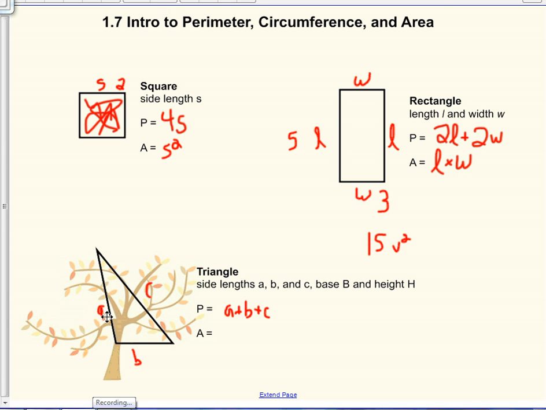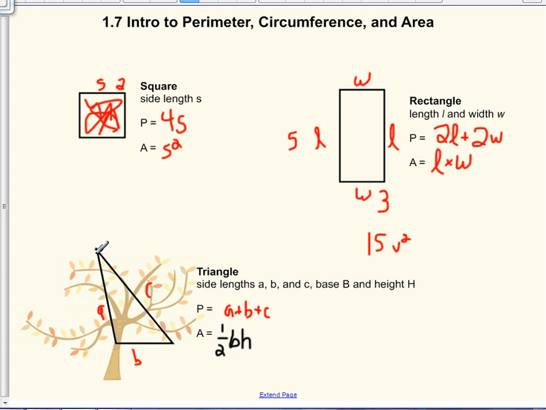All right, now, with the triangle, however, it gets a little bit more difficult. So we have our side length A. However, what you can notice about here is normally the area formula of a triangle is 1/2 base times height. Now, if you look on here, we don't really have a height because this side is not representative of the height, so we need to create one.